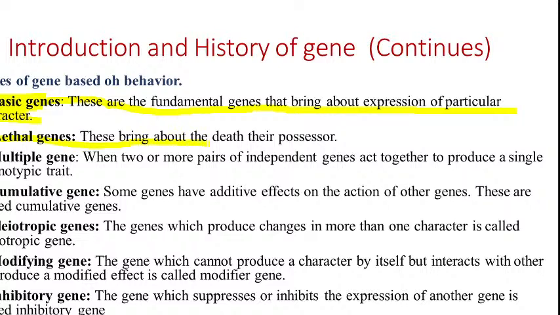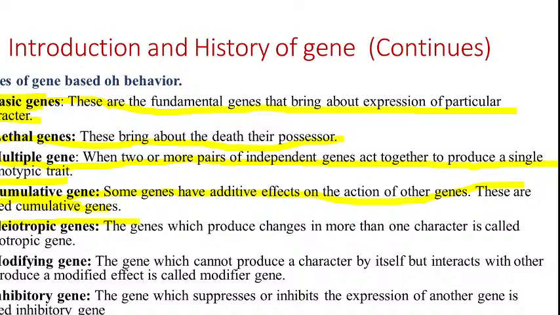Basically lethal genes just cause the death of that particular cell. After it we have multiple genes, when two or more pairs of genes act together to produce a single phenotypic trait. Cumulative genes: some genes have additive effects on the action of other genes. These are known as cumulative genes.